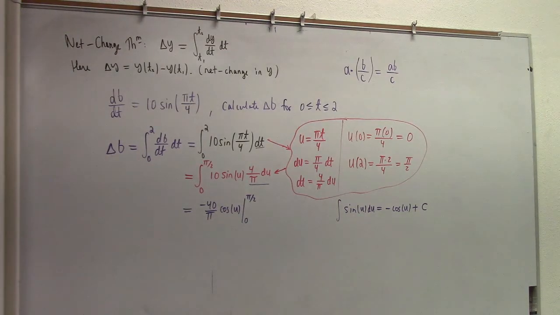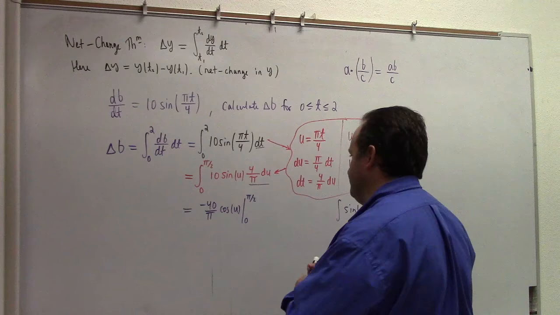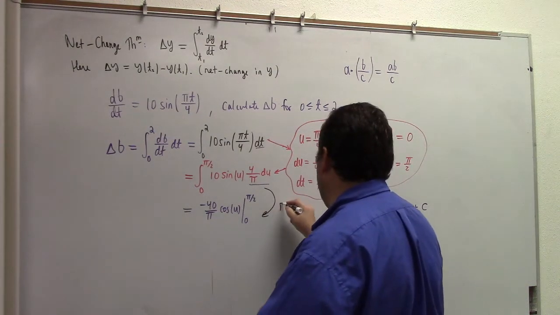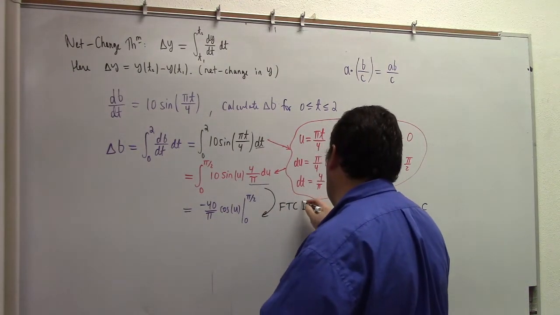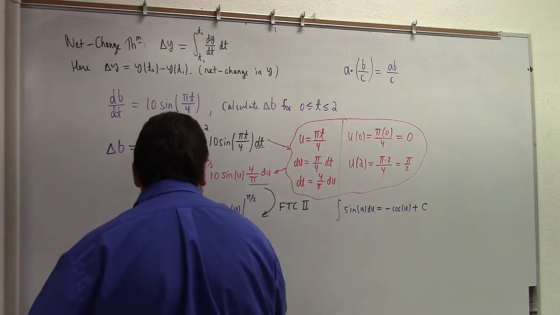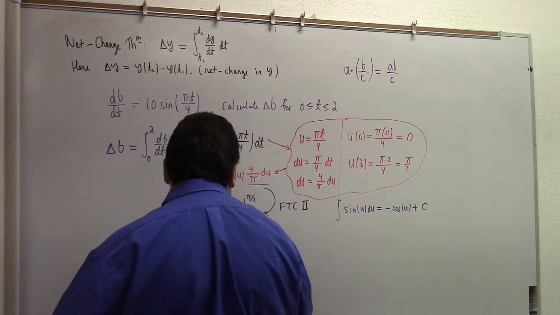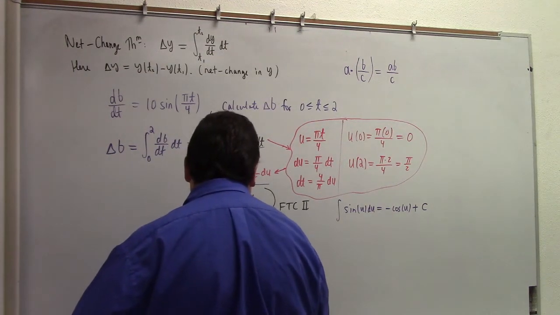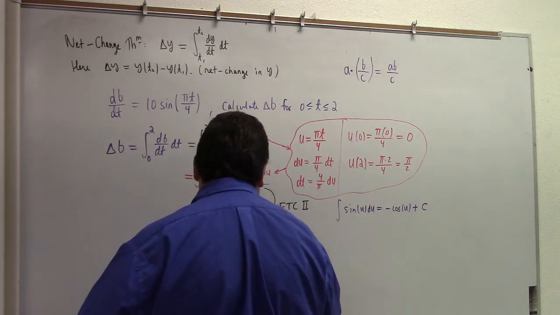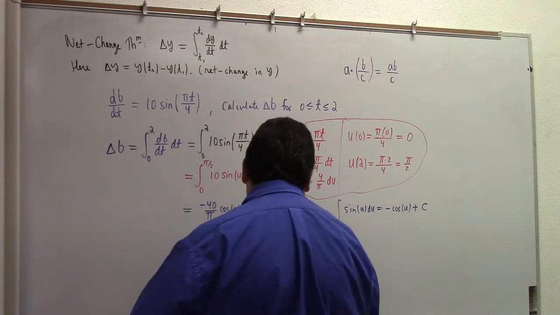And of course I'm using fundamental theorem of calculus part 2 as usual. So we got minus 40 over pi cosine of pi over 2 minus minus 40 over pi cosine of 0.